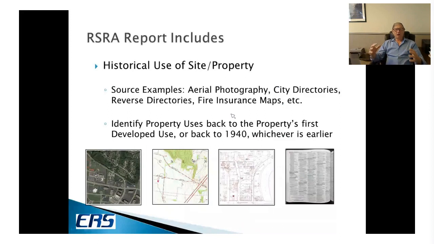The next part of an RSRA report includes the historical. Remember, in the historical, we're looking for uses. That's all the historical is. We're looking for uses of the property. In the aerial photos, we may look for just a little bit more.